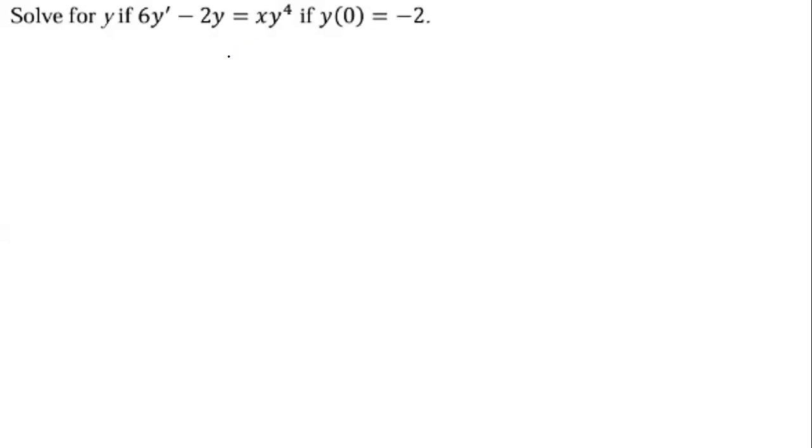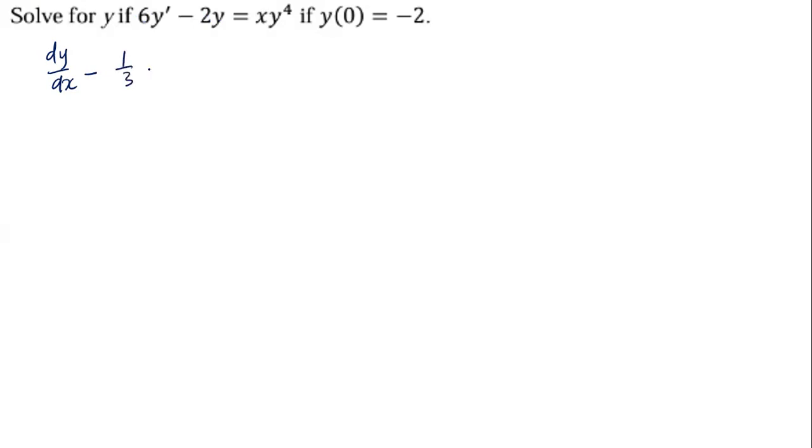So now remember, what am I actually going to do? I'm going to divide both sides by 6, so that this side I have dy over dx minus, when I divide 2 by 6, it's going to be 1 over 3, right? So it's going to be 1 over 3 y.